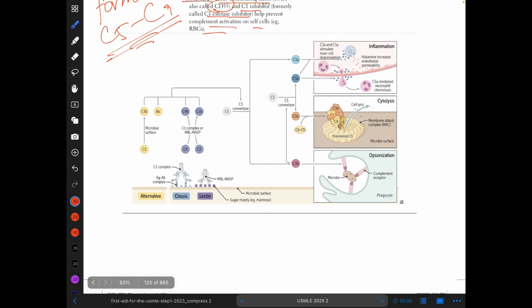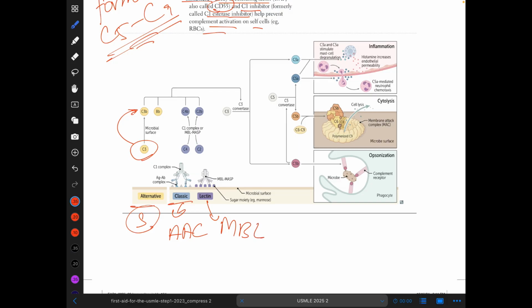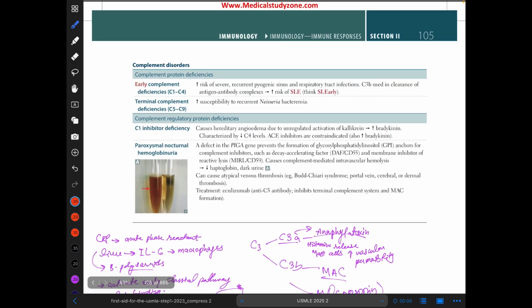So all the pathways you guys already know. From the C3, there will be C3b, and they will further activate. You guys know alternative is spontaneous. In classic, antibody antigen complexes convert C3 into C3b, and lectin has mannose binding lectin. And the most important enzyme is C3 convertase.